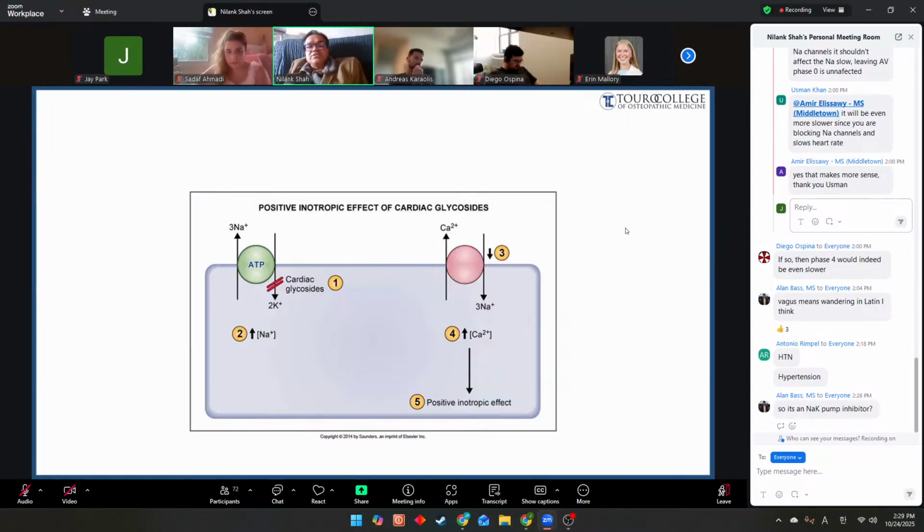In congestive heart failure, the muscles become weak and cardiac output is decreased, so you want to increase cardiac output. You do that by increasing the strength of the muscles through the force of contraction, and that occurs because of calcium.